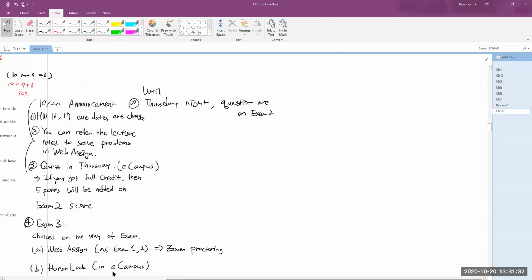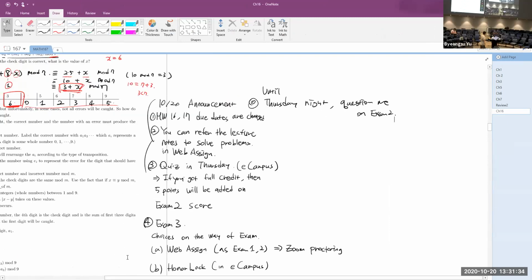Yeah, so if you have any question on your exam 2 score, please let me know. Since it is a WebAssign thing, maybe you have some minor mistake, like putting the answer for A in B, or transposing your answers.